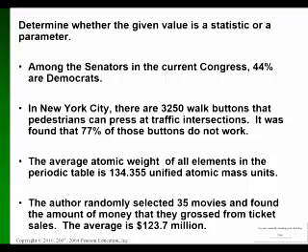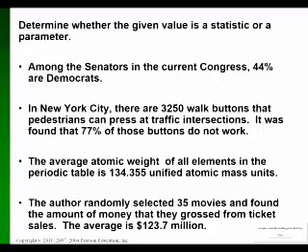In New York City, there are 3,250 walk buttons that pedestrians can press at traffic intersections. It was found that 77% of these buttons don't work. Was there a sample taken, or is that talking about all 3,250 buttons? It doesn't say anything about sample.